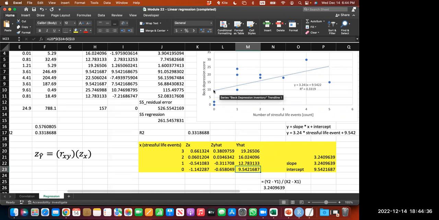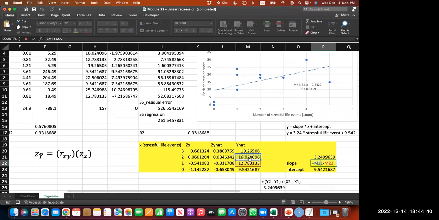And now the slope can easily be derived by just calculating the difference of one value minus the other value that is numerically 1 unit less. So that's the difference between y hat at 2 stressful life events minus the y hat at 1 stressful life event gives us the slope.